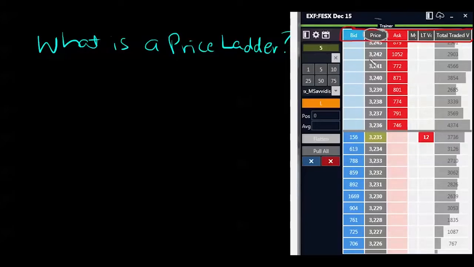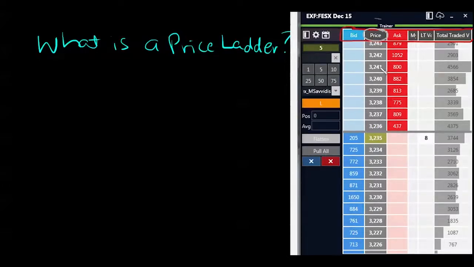In this price column, we have every tick increment of the specific product that is traded. In this price ladder window, we're looking at the Euro Stoxx 50 Futures Index. It's an equity index that's traded on Eurex, and the price is in tick increments of 1.